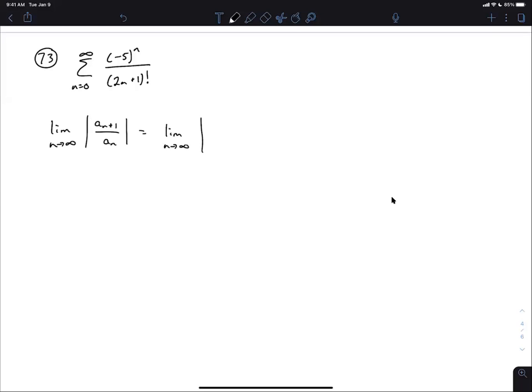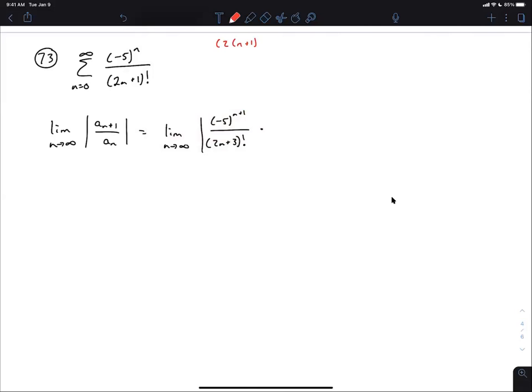And so then that's the limit as n goes to infinity of -5 to the n plus 1, and then it's 2n plus 3 factorial. And just to kind of recap, the reason that is because we're plugging in n plus 1 for n.